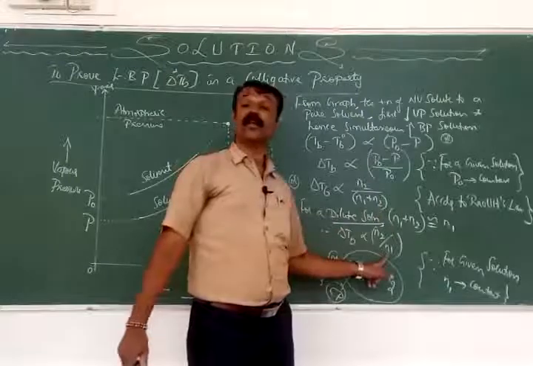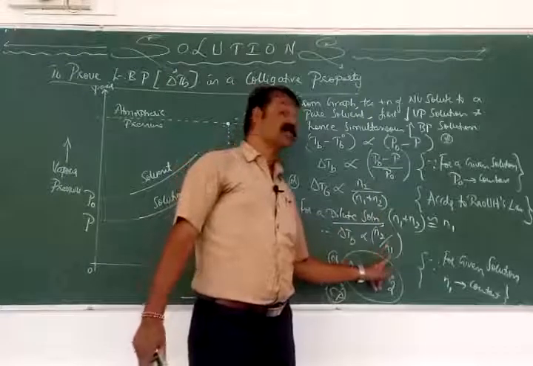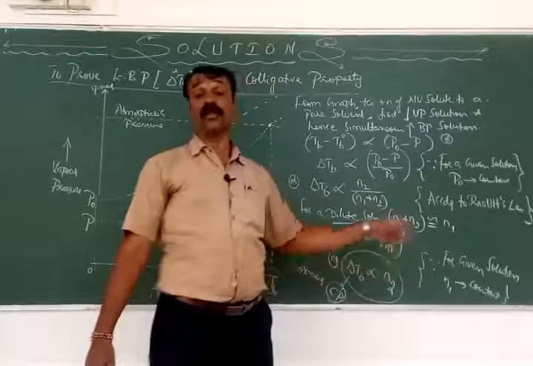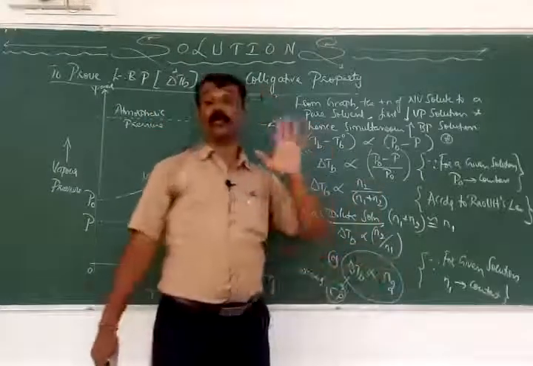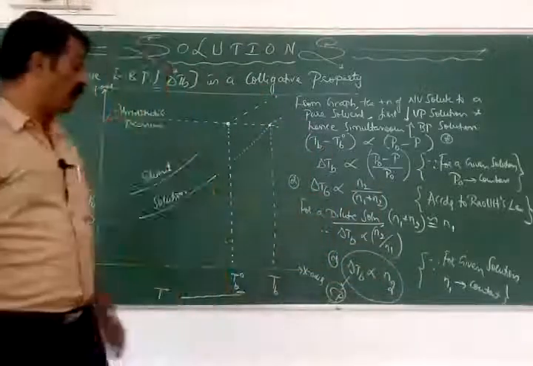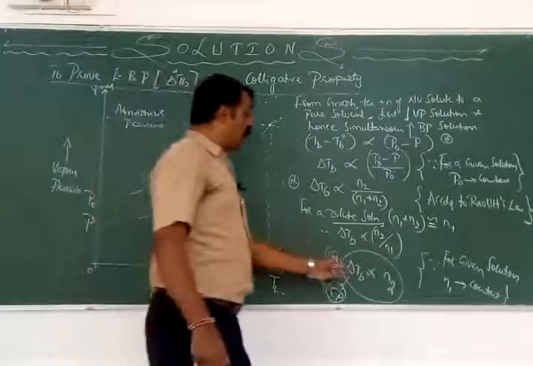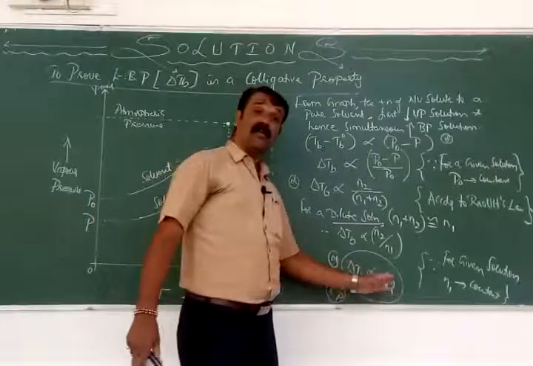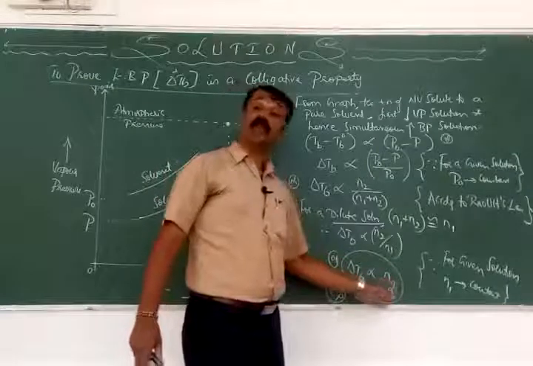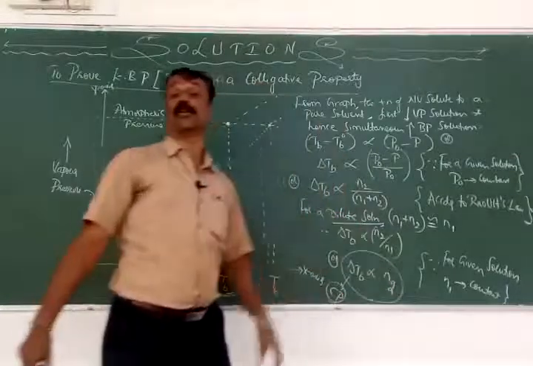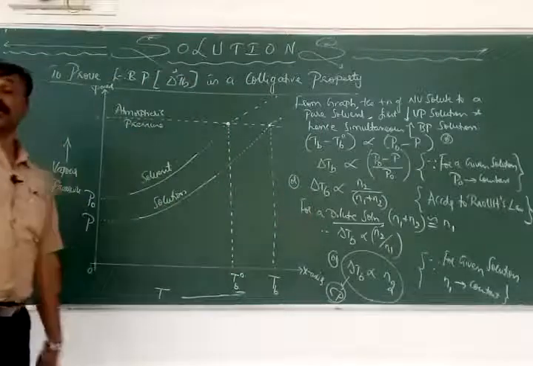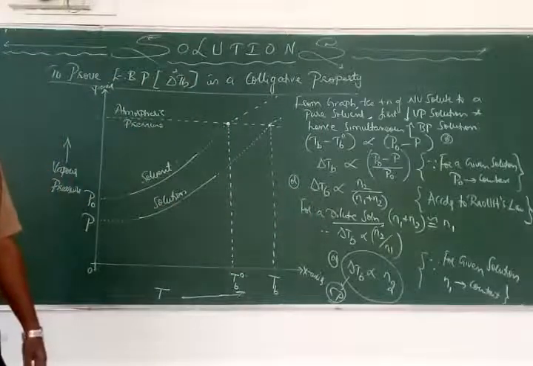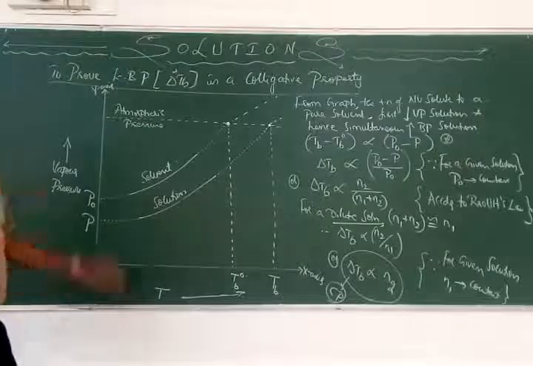But we know that for a given solvent or solution, N1 is always constant. Therefore, delta TB is proportional to only N2. This means the elevation in boiling point varies directly with the number of moles of solute particles in a dilute solution. That is why it is an example of a colligative property.